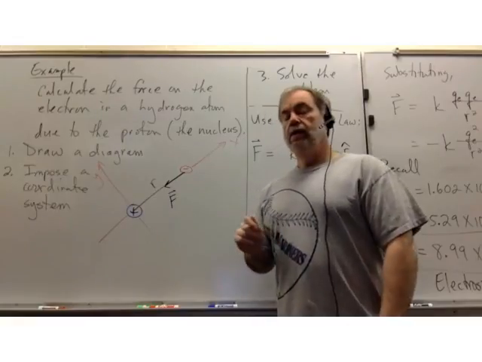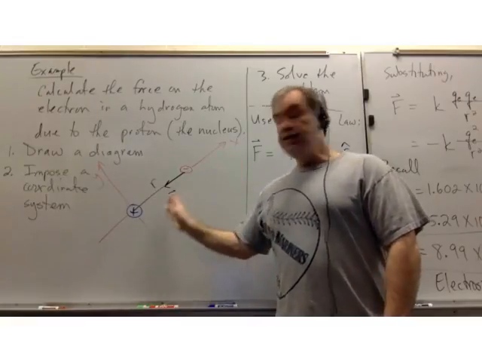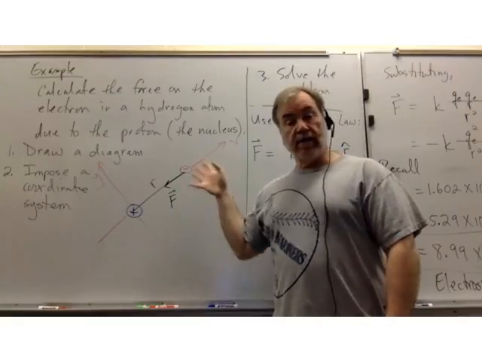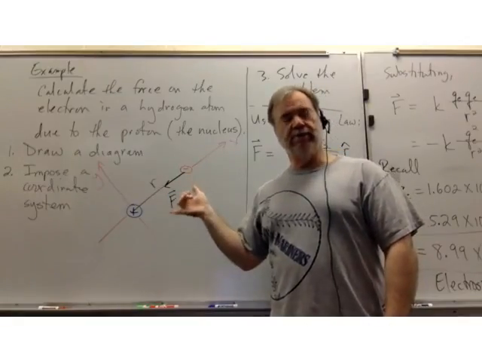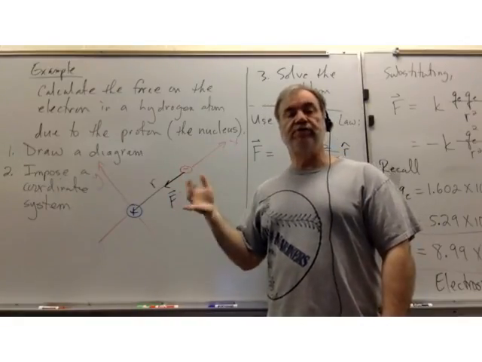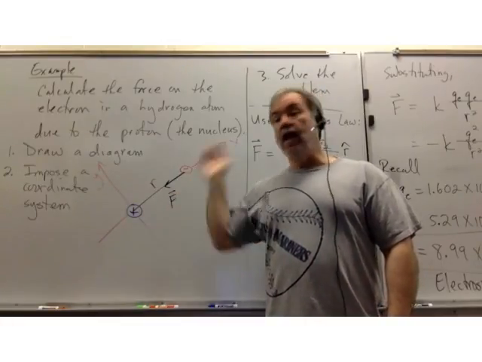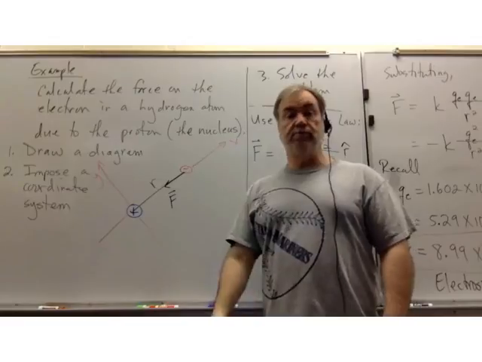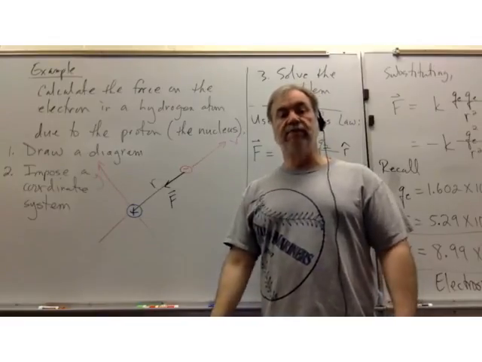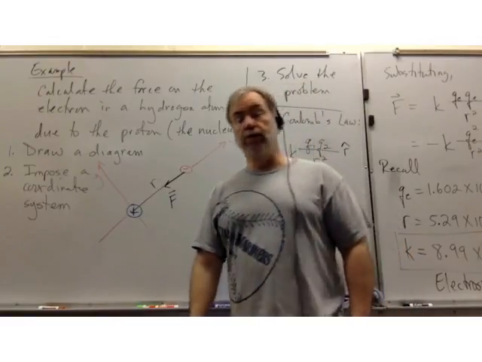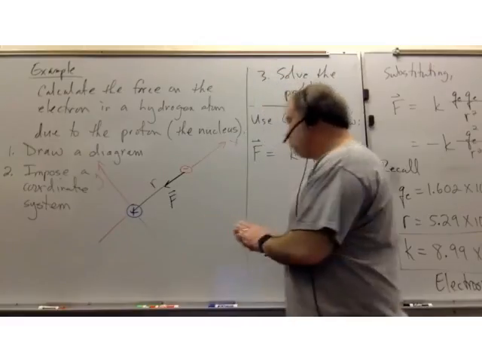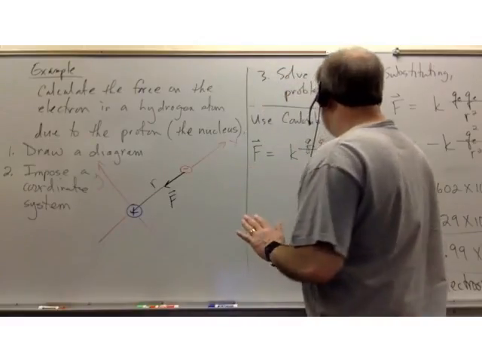Okay? You work out the direction based on the rule: like charges repel, opposite charges attract. Work out the direction from that rule, and then from that point forward, just don't include any negative signs. Just use magnitudes when you're substituting into your formulas. Okay, so there's that.